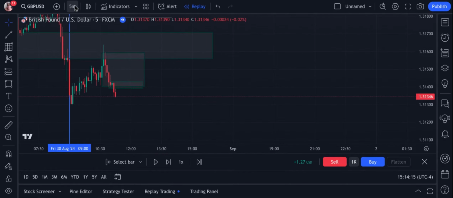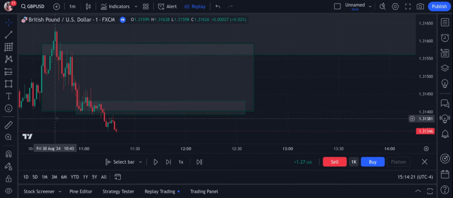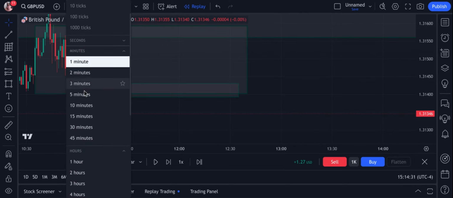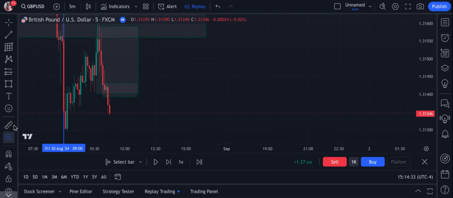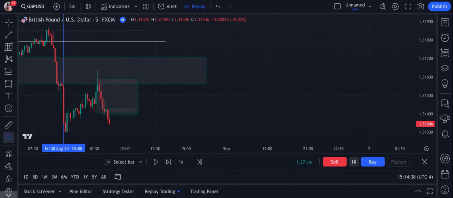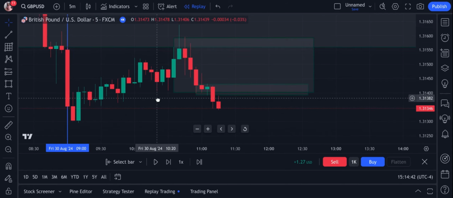I think price barely tapped in, and I'm not going to lie, I think I've taken this trade before. Let me zoom in a little bit more on the 5, make sure I have everything correct. To be honest with you, I don't know.